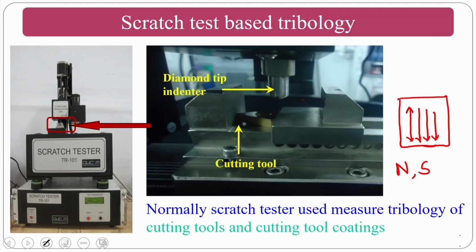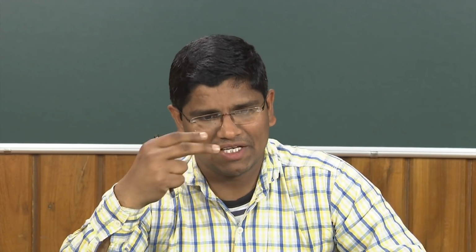The shearing of the tool surfaces will take place. It can be tested for virgin tools, or for coated tools also. So you can see at what load and what speed the delamination of the tool coatings is taking place, and that you can study.